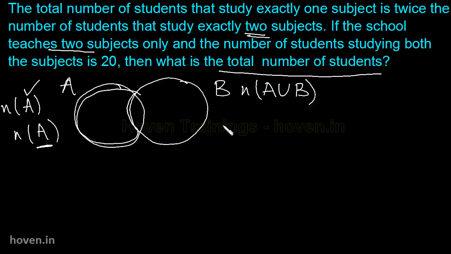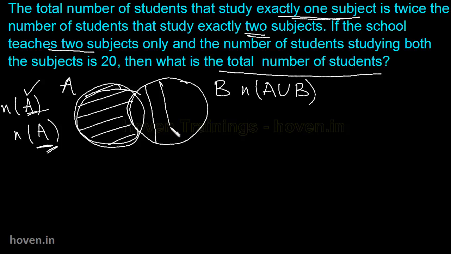So first of all, we have to decide which of these two formulas have to be used. See my previous lecture. I gave two formulas. One was based on this one and the other was based on this one. From the statement, he says exactly one subject. Exactly one subject means those that are studying falling in this region or in this region.